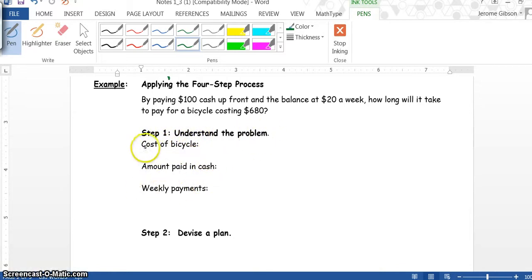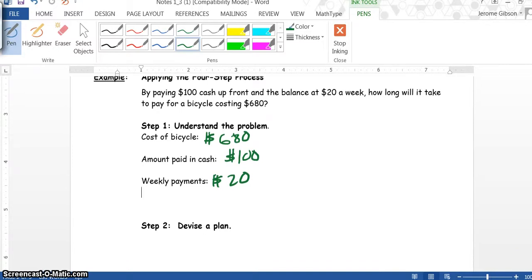When we understand the problem, the first thing we need to know is the cost of the bike, because that's what we're trying to pay for, just $680. Next, we want to write down the amount that was paid in cash, which was $100. And finally, the weekly payments, which is $20 a week. Now, this right here would determine how many weeks it would take you to pay this bicycle off.